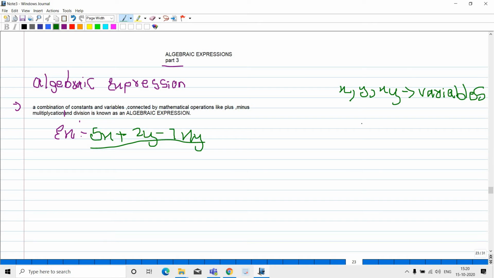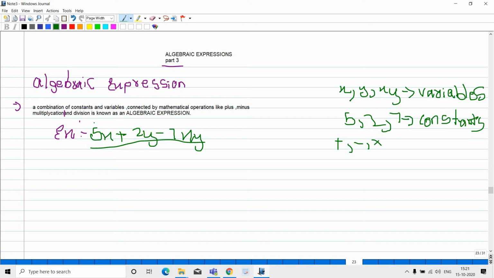And 5 to 7 are constants. And there is plus here, plus there, and minus, and into also there.